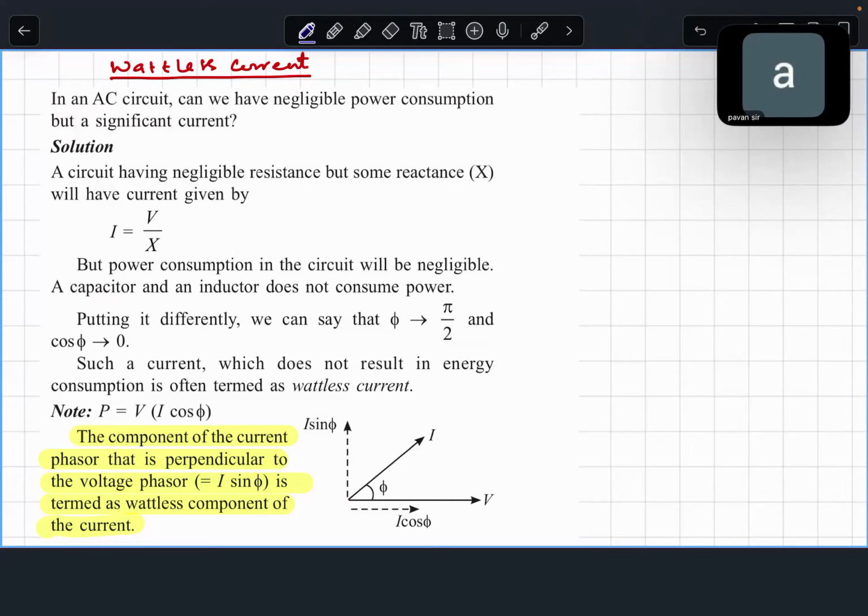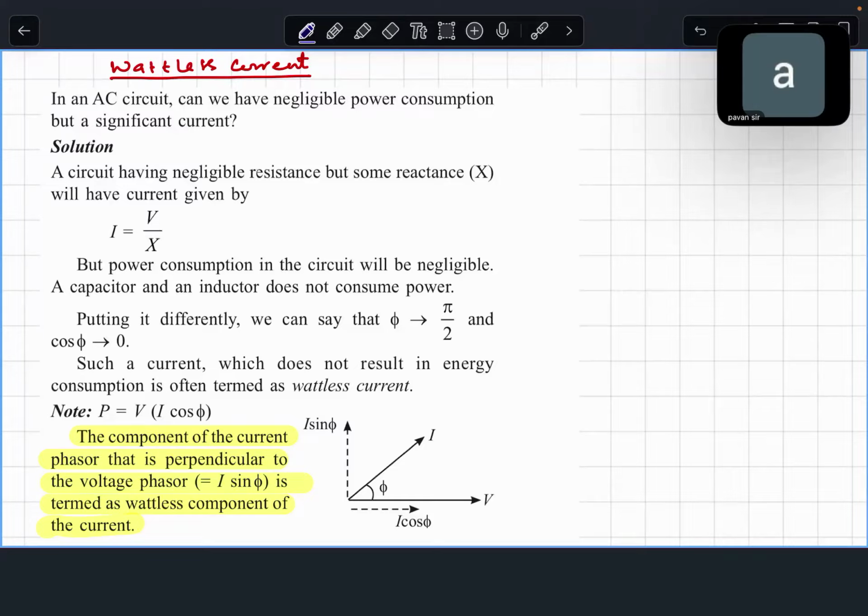I said I squared R factor makes a crucial role. That is the transmission loss. So we should minimize that loss. Therefore, we will send it with high voltages to maintain low currents.